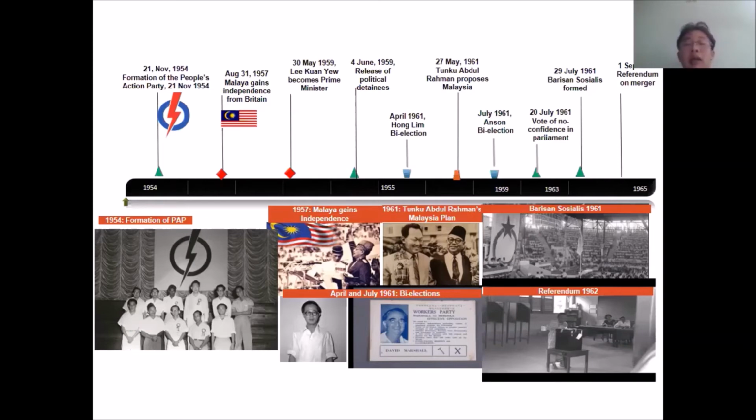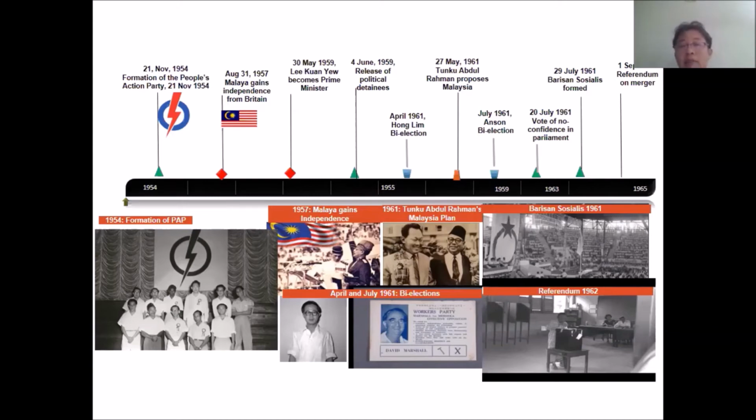What does he do in the end? All those who had voted against him, all those who had abstained in this vote of no confidence, they were all expelled from the PAP. They were all sacked. And the result was they came together and they formed on the 29th of July 1961, the Barisan Socialists.